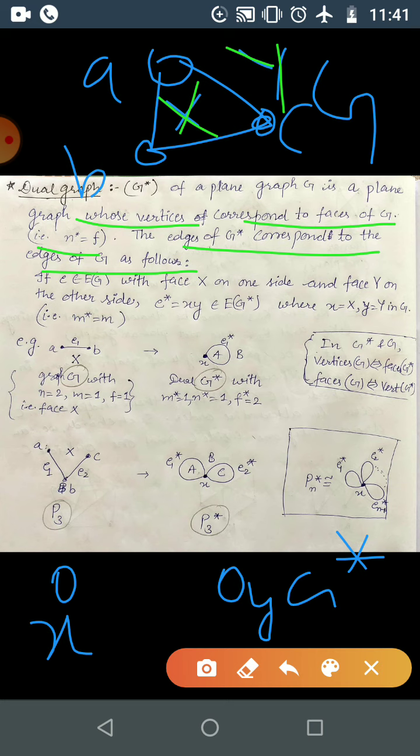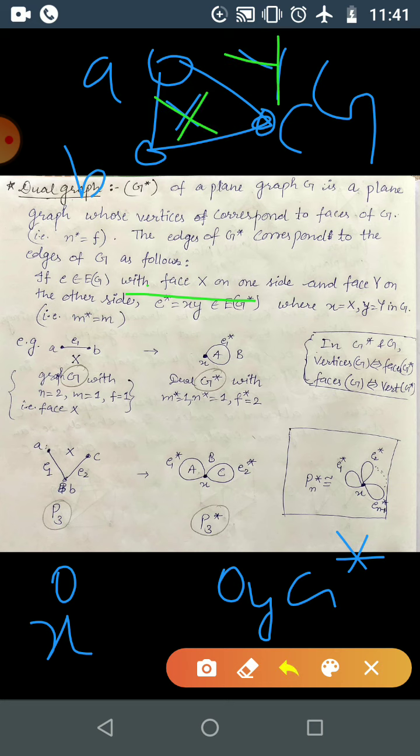Okay, and the edges correspond in the following manner. If some edge E is present in G with face X on one side and Y on the other side, then there will be an edge meeting the vertices x and y.